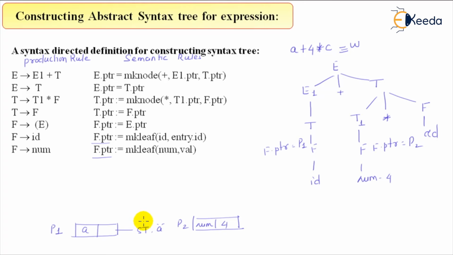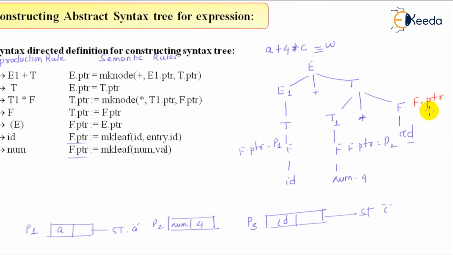Now we are done with this leaf part, and let's have one more leaf for this id. Let me create one more pointer over here, let me call it p3, and here id, and this will be a pointer to the symbol table pointing to c. So now here f dot ptr is p2, and here f dot ptr is equal to p3.